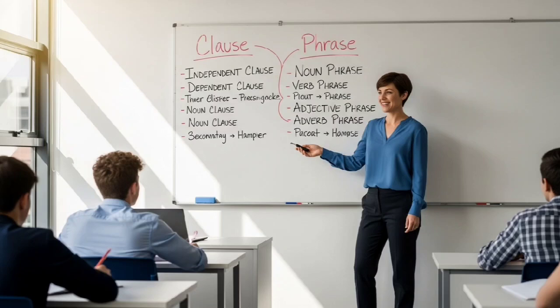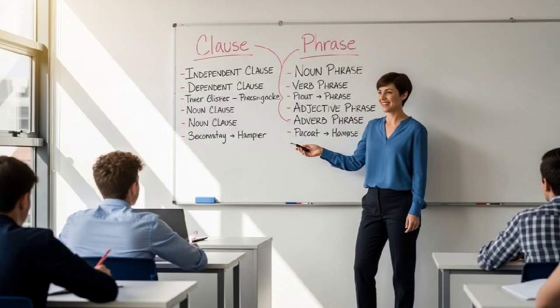Now it is your homework, and you can comment. I will take these two sentences, and you can write in the comments. Number 1, when the bell rings. Now you will write whether it is a clause or phrase.